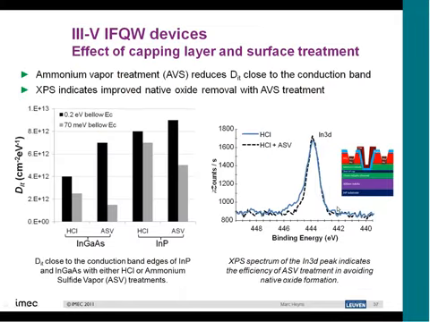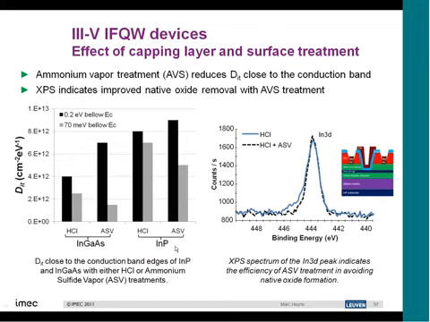By the way, we also use these kind of devices to study the passivation and the differences between having an indium phosphide layer or no indium phosphide layer compared with ammonia vapor treatment that actually removes all the oxides and makes a sulfur passivation. And to make a long story short, just look to the DIT levels here for the indium gallium arsenide versus the indium phosphide.